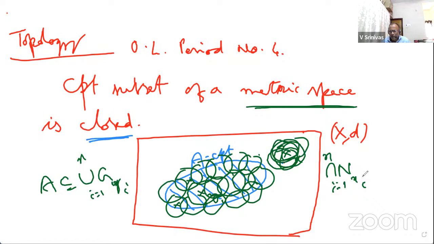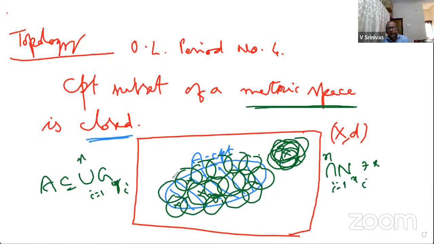Because G_yi is disjoint from N_xi, the union will be disjoint from the intersection. Small x belongs to this neighborhood, and the intersection of these open sets will be open. So this open neighborhood will be disjoint from that open neighborhood.